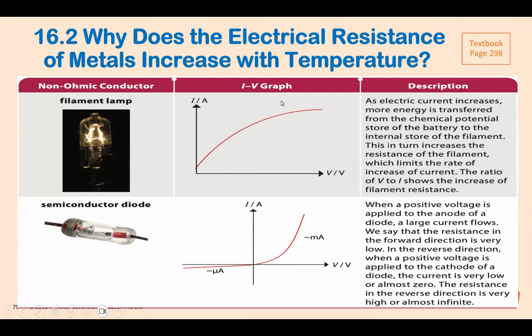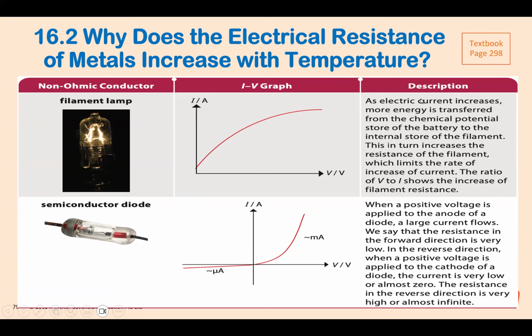As the resistance increases, the IV graph will curve like this. If you take the voltage at this point divided by the current at this point, and compare it with the voltage at another point divided by the current at that point, you get the resistance, which is higher when more current flows through it than at the start.